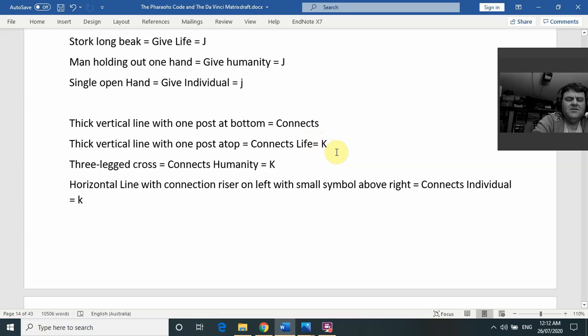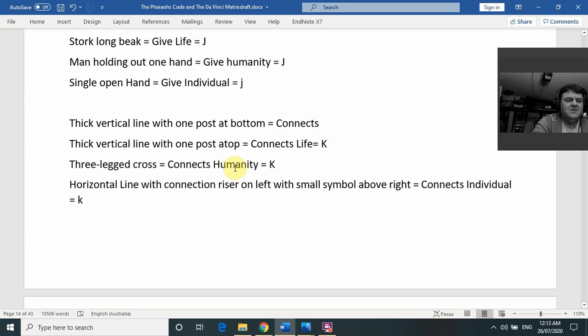The V, or the wave of energy line that we've seen before. But it only connects at that very small point. So it's an easily broken connection, and that is the symbolism of the letter K as it stands today, and it means connection.